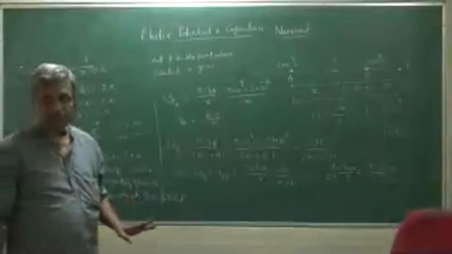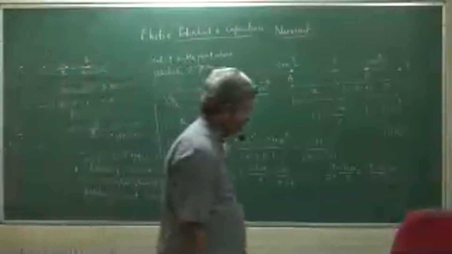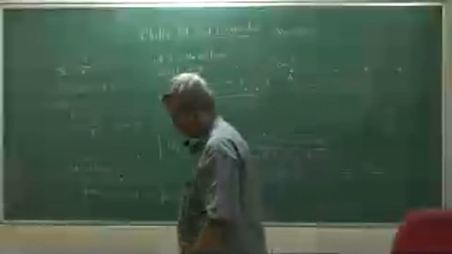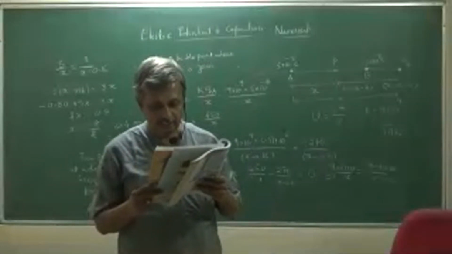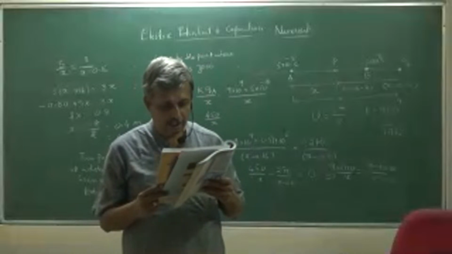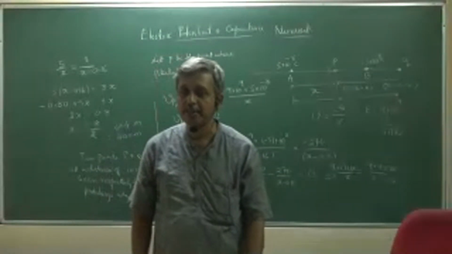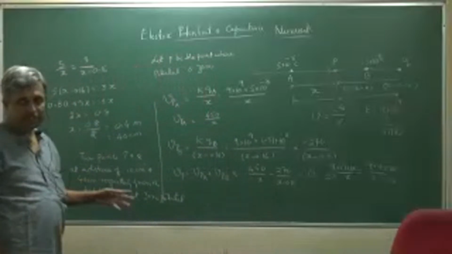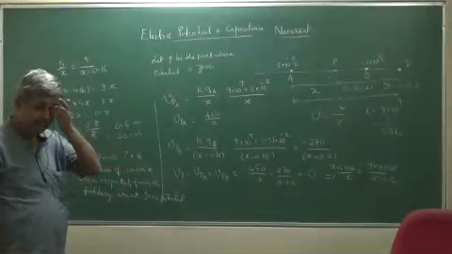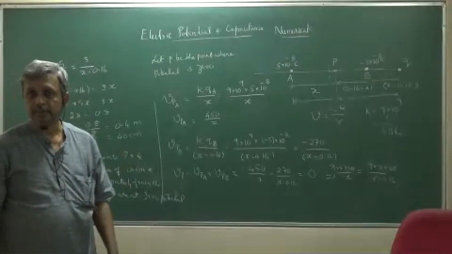If they want you to give the perfect answer which they are asking, then they would specify how far it is from the charge A. Here they are not asking that question. So you can choose to write down from which charge you are measuring, so that you'll be very clear from where.